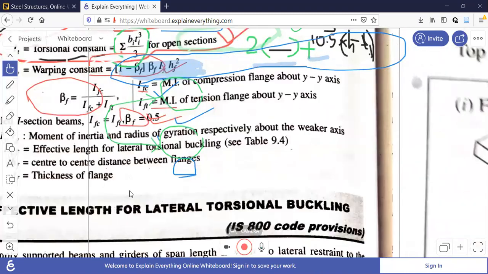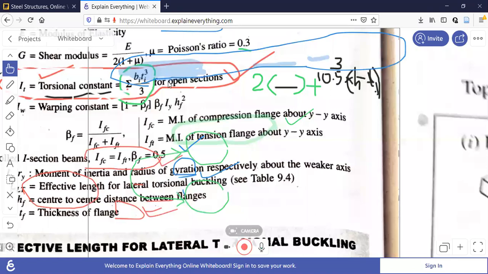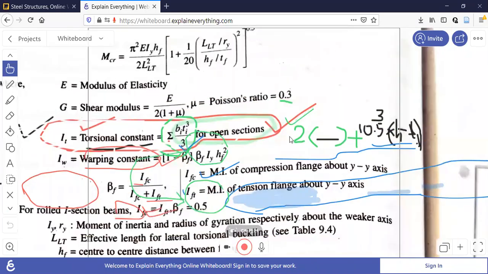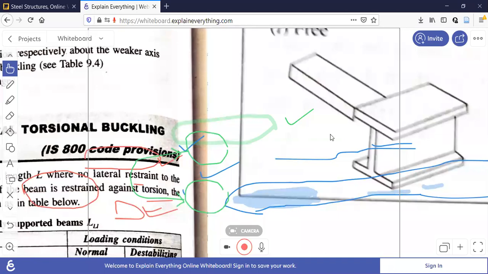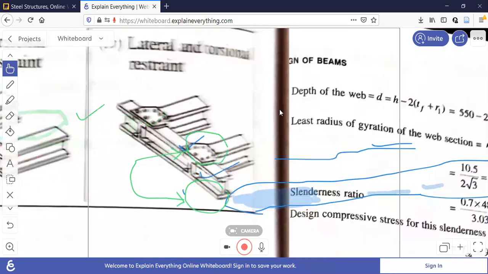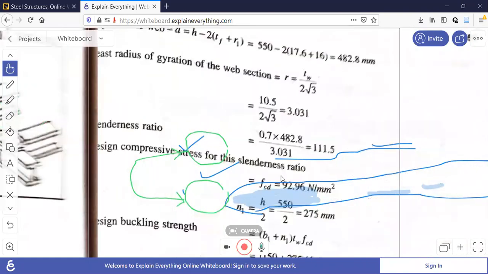Once again I'll take you back to this formula here. Now you see this one here. The remaining I will be going through fast.